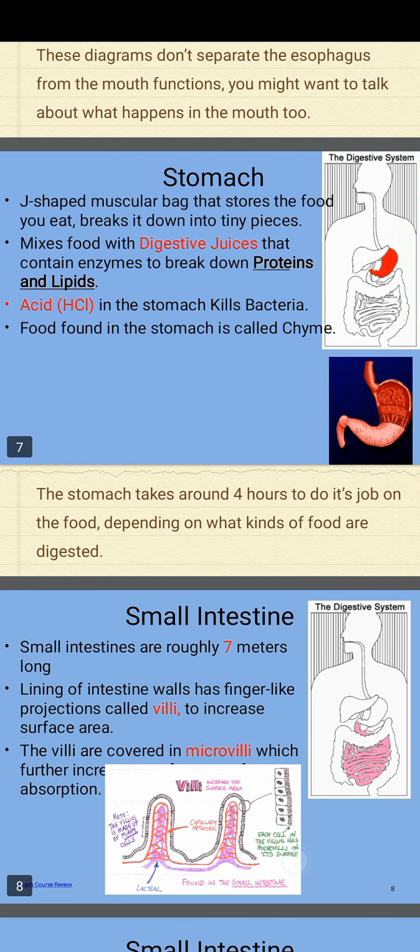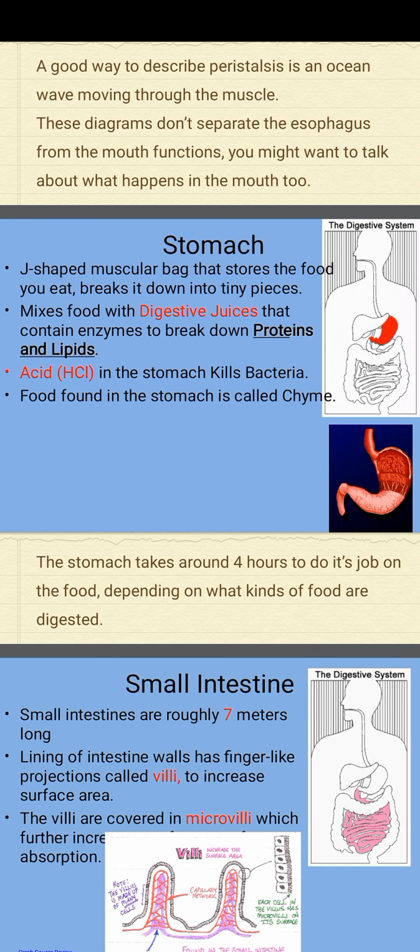As I told you on the 7th slide, the stomach is involved in the breakdown of food molecules, and the juices have special types of enzymes.